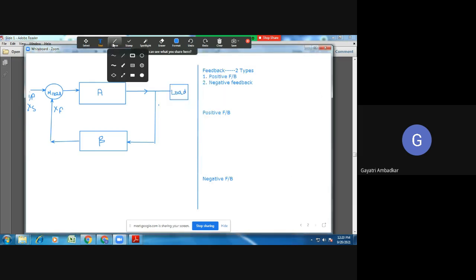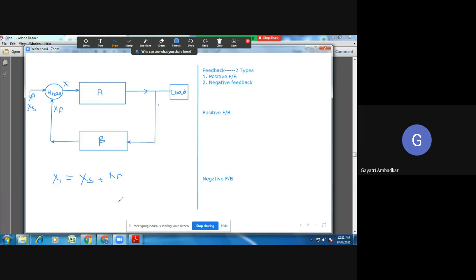Now, I told you that the input Xi which is going to the amplifier is the sum of Xs and Xf.